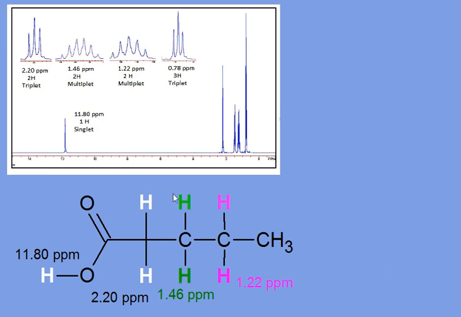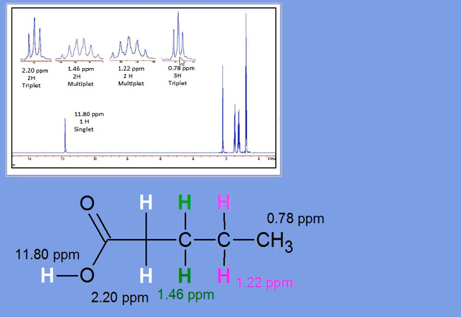Two non-equivalent hydrogens on one side trying to split this into a triplet, and three non-equivalent hydrogens trying to split the peak here into a quartet. And so that would give a big mashup in this multiplet that we see at 1.22. And then finally a peak at 0.78, because that must be the peak for the three hydrogens on the end.